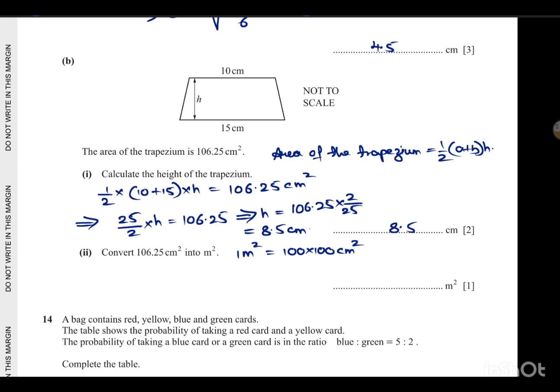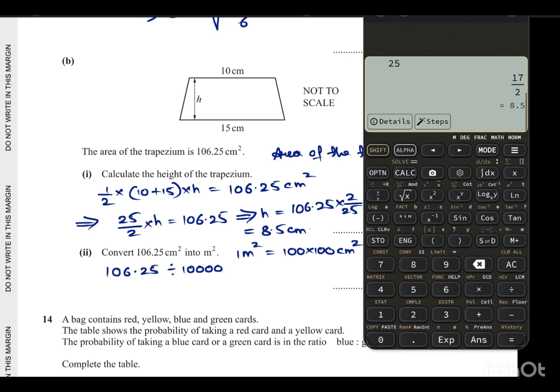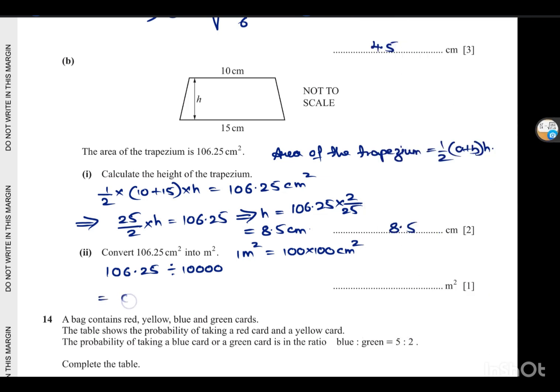So to convert centimeter square into meter square, divide the given number by 10,000. 100 into 100 is 10,000. 106.25 divided by 10,000, sorry, I typed wrong, is 0.010625 meter square.